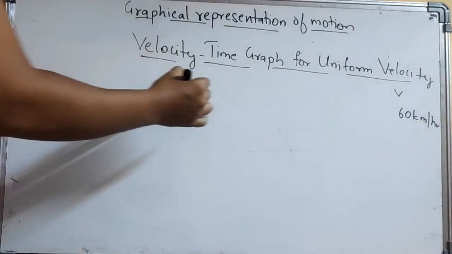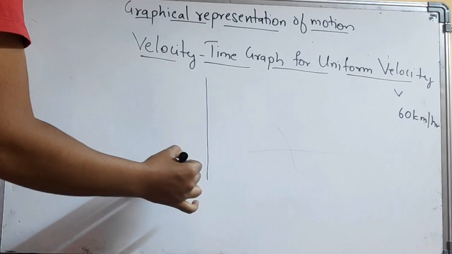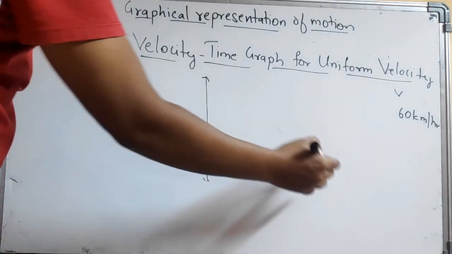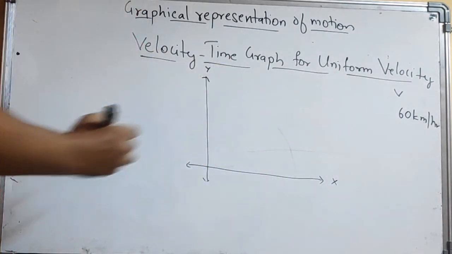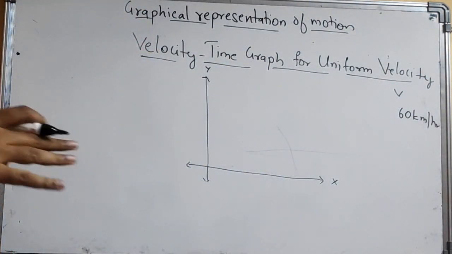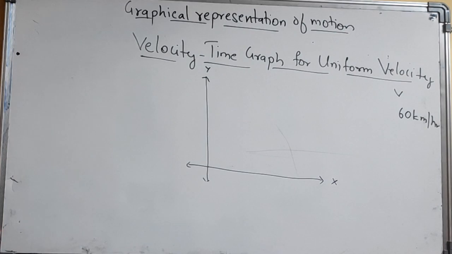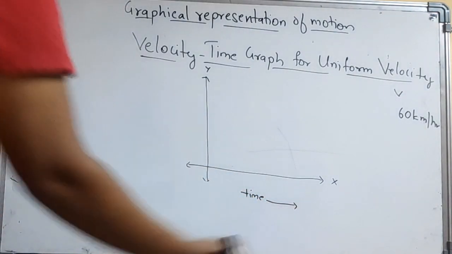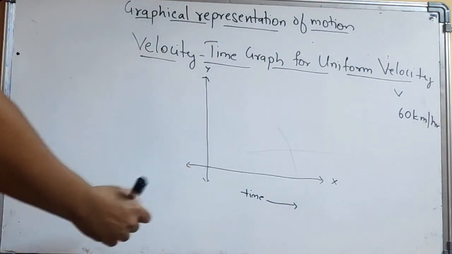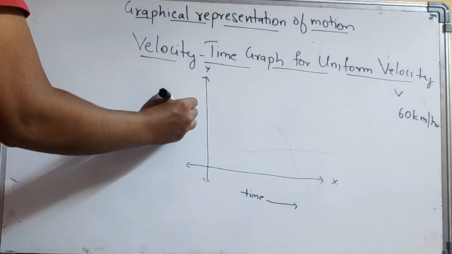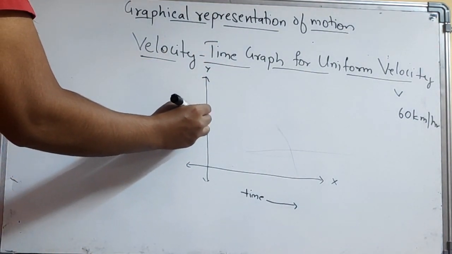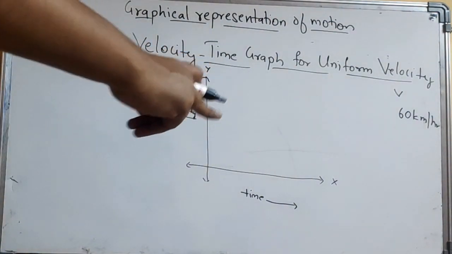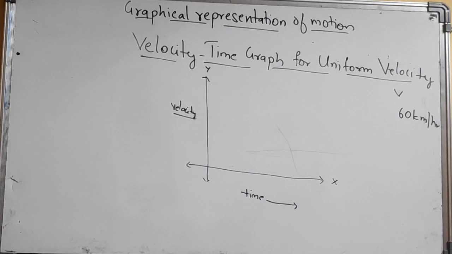Okay, so what we are going to do is we are going to draw the two axes, the x-axis and the y-axis. This is x and this is y. Okay, on the x-axis we are going to represent time, and we are going to represent velocity on the y-axis.